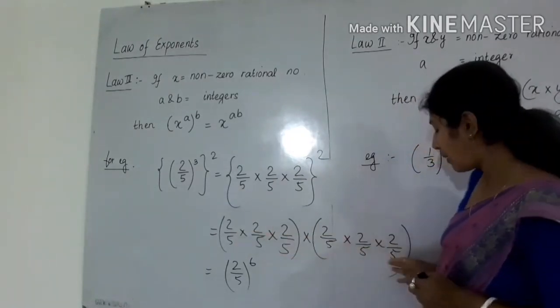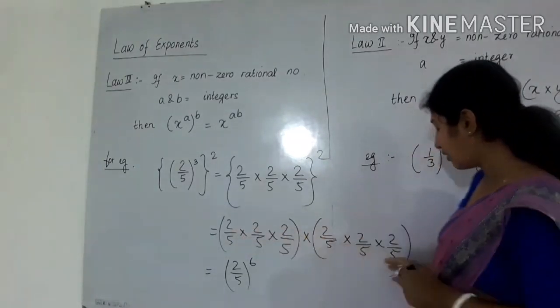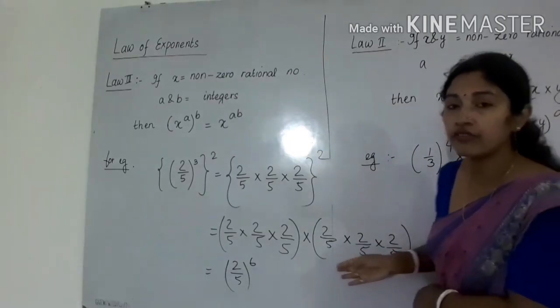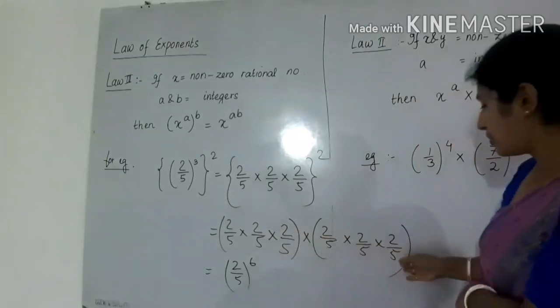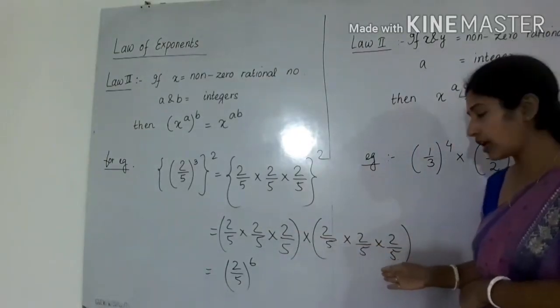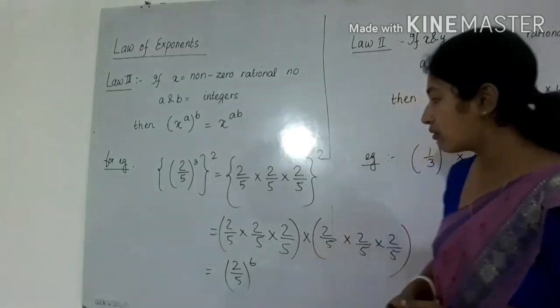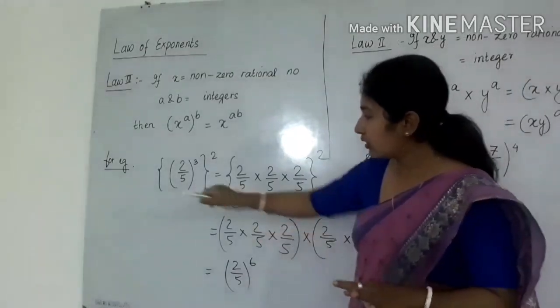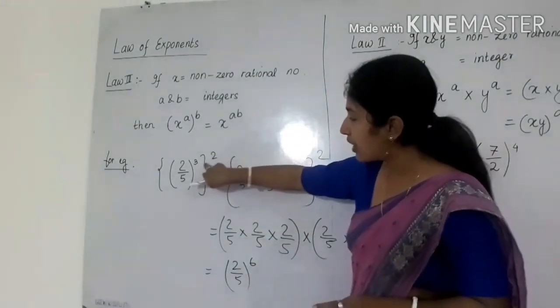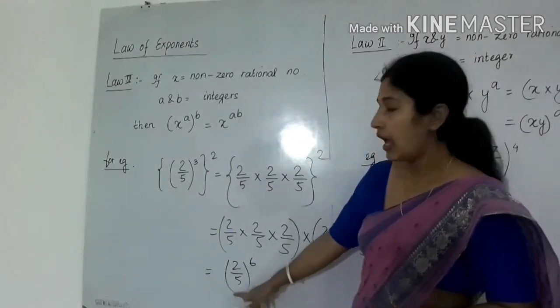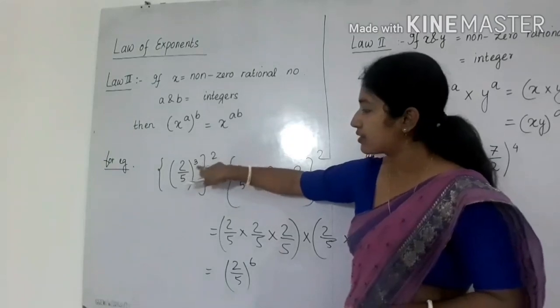So what will happen in exponential form? How can we write this? First of all, you have to count 2 by 5. 2 by 5 is present how many times here? 6 times. So you can write 2 by 5 whole to the power 6. So see what is happening. This power and this power are multiplying. See, base is same, 2 by 5, this is also 2 by 5. And what is happening? The power gets multiplied.